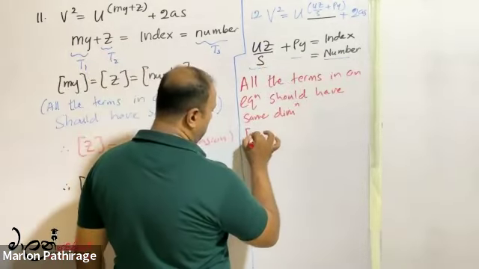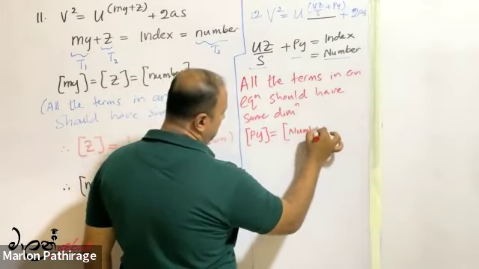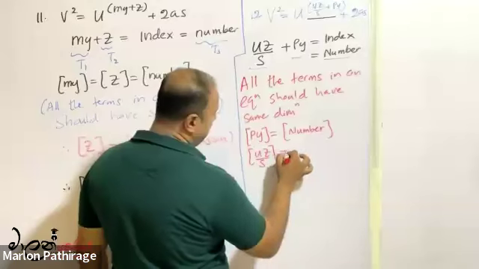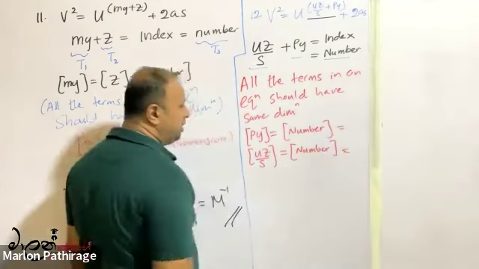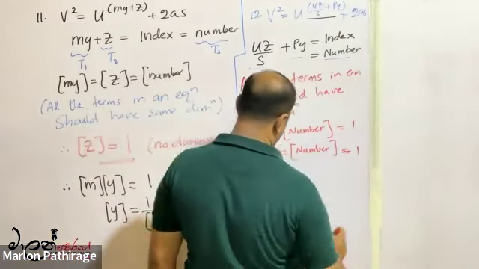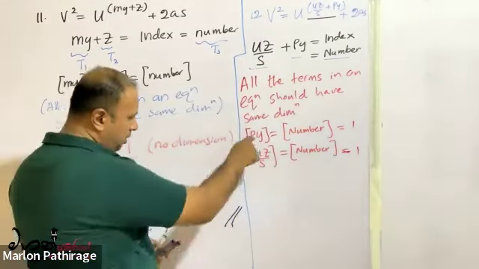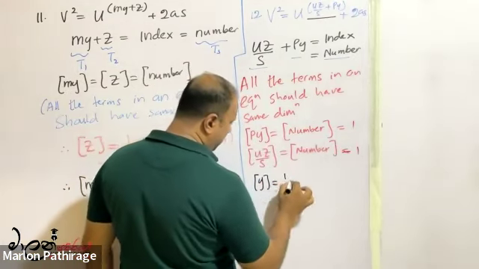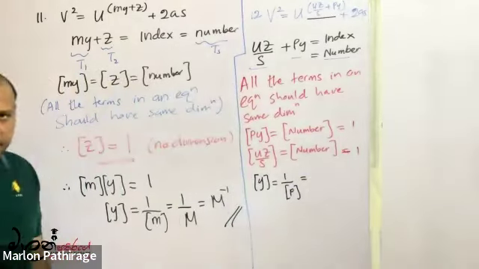Accordingly, Py should be a number and U Z over S that is also a number. Therefore, dimension of these two terms should be equal to 1. Then I can take dimension of y is equal to 1 over dimension of P. P means pressure.